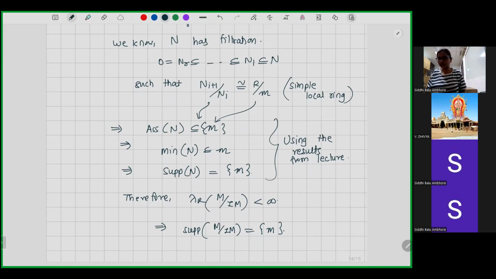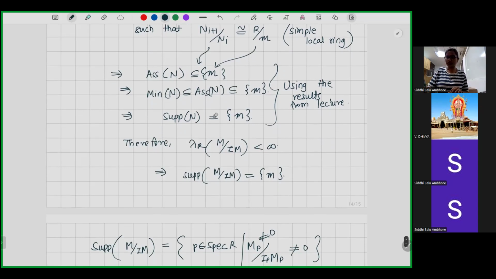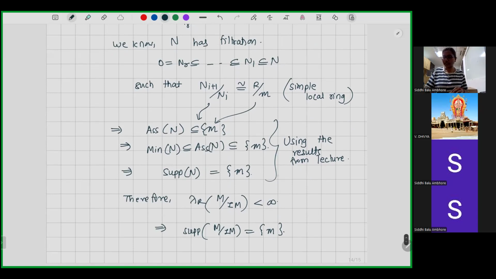Any doubts here? Then the minimal primes of M are contained in the associated primes of M, which are contained in this m. And then the support will always be contained in this. So the support will be this m. And therefore, the claim is proved here.